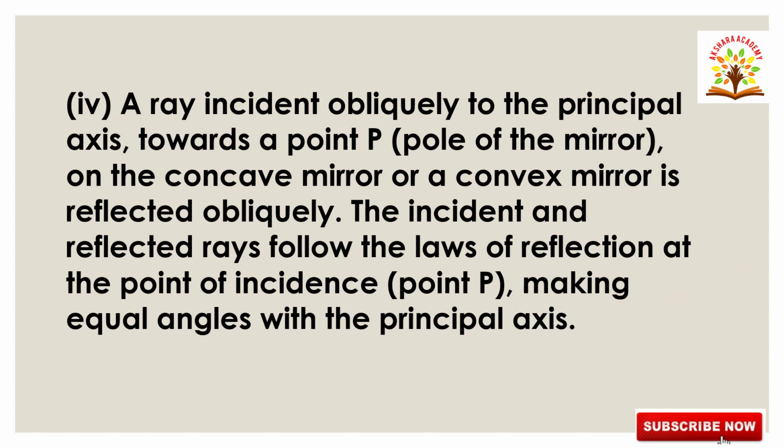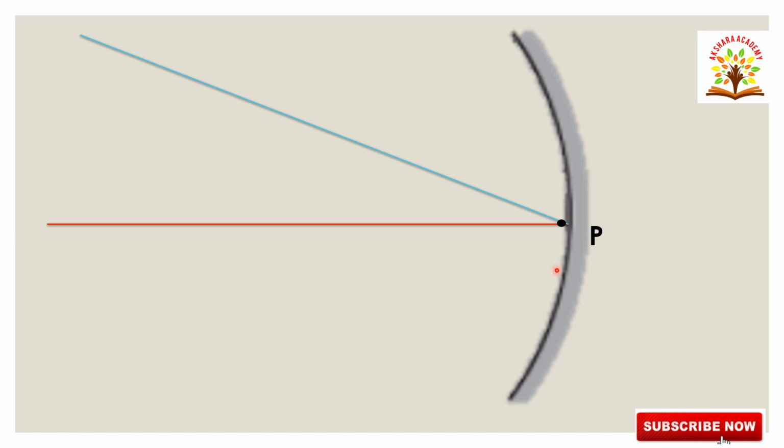Next, go to the ray diagrams. In this, we have a concave mirror, this is the principal axis, and this is the pole, letter P. This is the incident ray making an angle at the point of incidence.